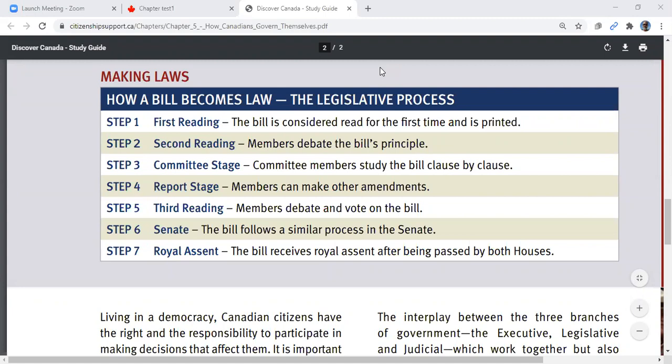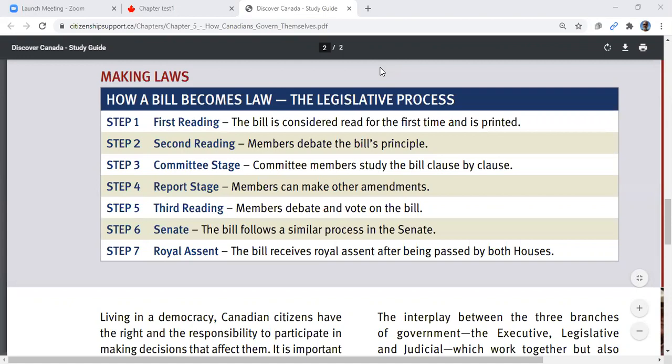Committee stage. Committee members study the bill clause by clause. Step 4. Report stage. Members can make other amendments. Third reading. Members debate and vote on the bill.